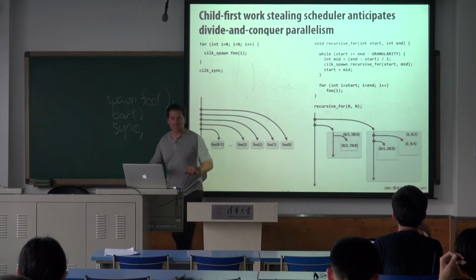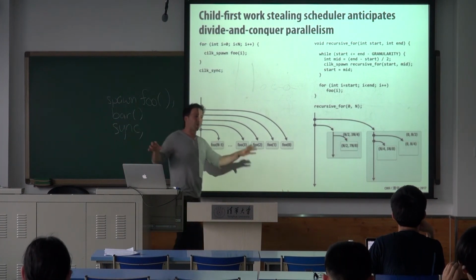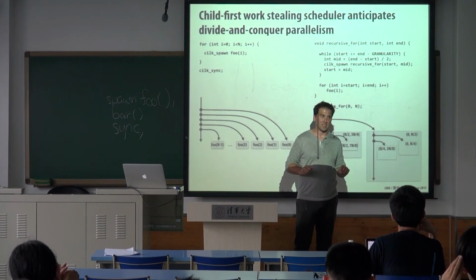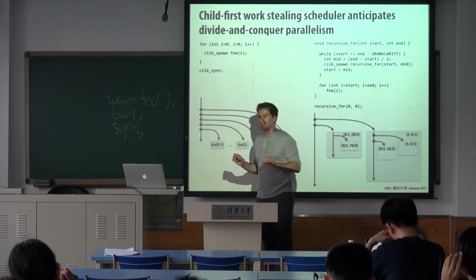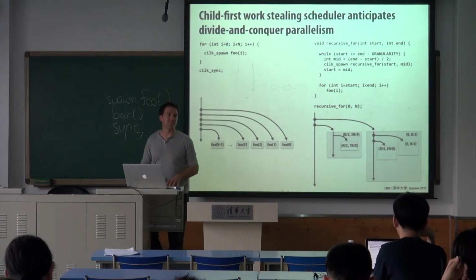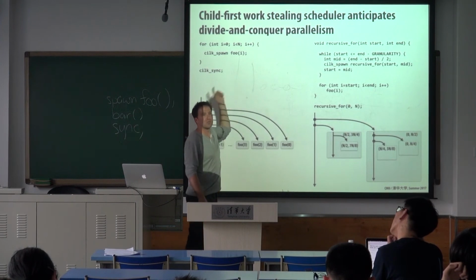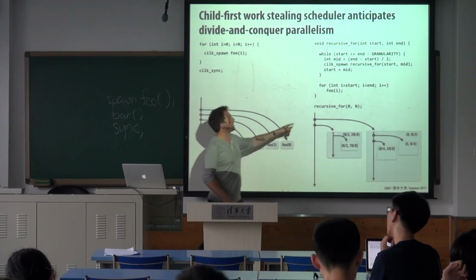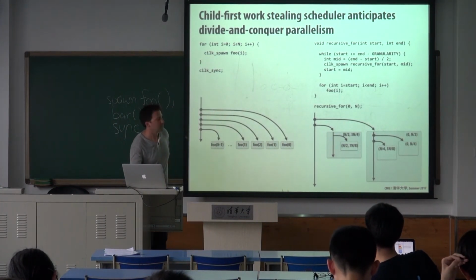What happens is it splits into two pieces of work, two processors start working in parallel, and then they split into two pieces of work, and now four processors are working in parallel. So the work gets created much, much faster in this version. So if you see a parallel for loop in Cilk, it's actually implemented under the hood like this, which is pretty cool.